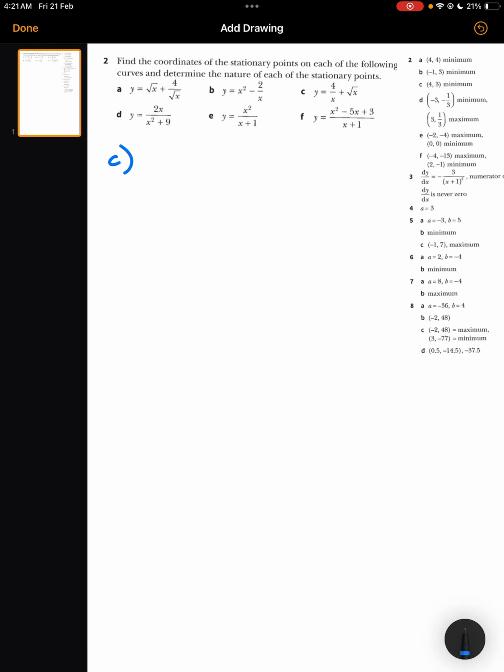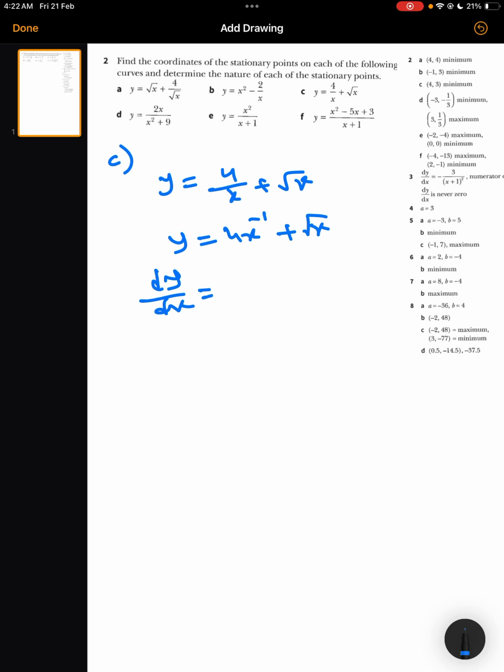Question number C. y is equal to 4 over x plus root over x. Same type of question. So the first derivative would be minus 4x to the power minus 2 plus 1 over 2 root over x.